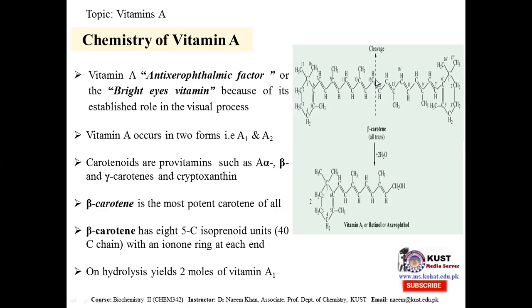On hydrolysis, the most common beta carotene, which is taken in the food, is broken down and we get two molecules of vitamin A. This can be traced in the GLJ fundamental biochemistry.